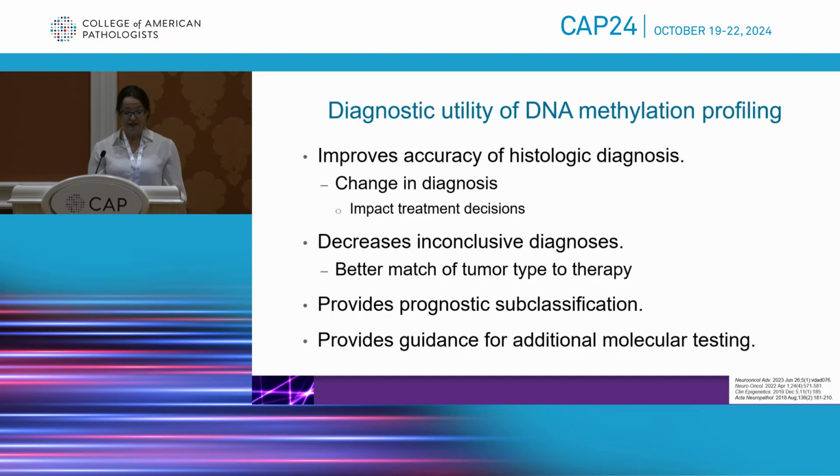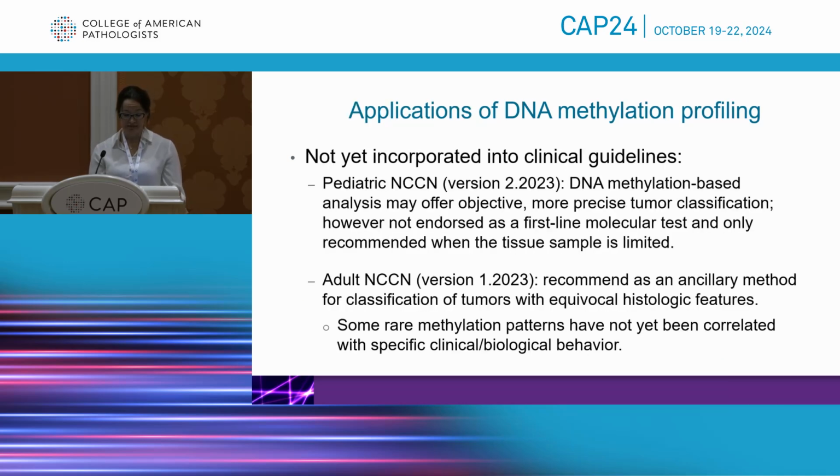So overall, DNA methylation profiling is really helpful because it can really improve the accuracy of histologic diagnosis. It can decrease the number of inconclusive calls, and it provides you meaningful prognostic subclassification and can even help guide some additional molecular testing. Currently, NCCN considers that DNA methylation profiling analysis is helpful, but they are not endorsing that as a first-line test unless the tissue is limited.